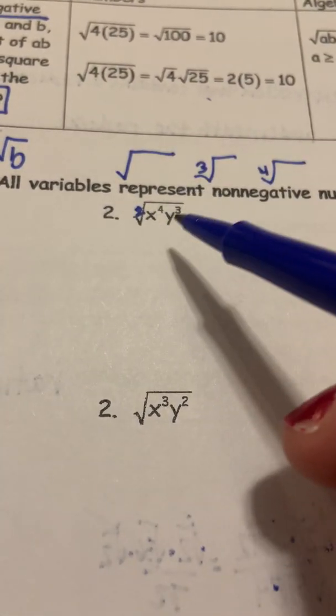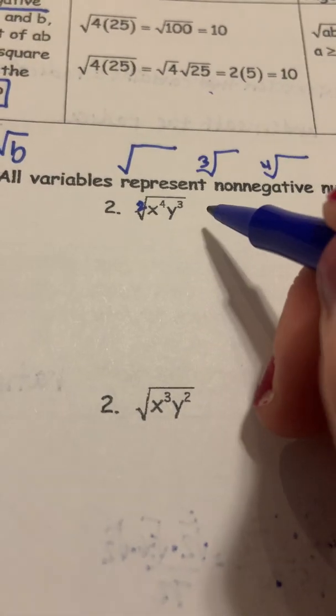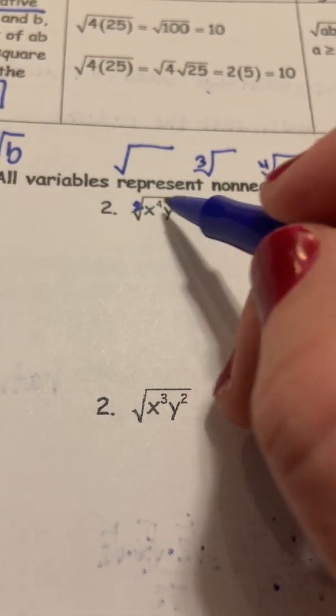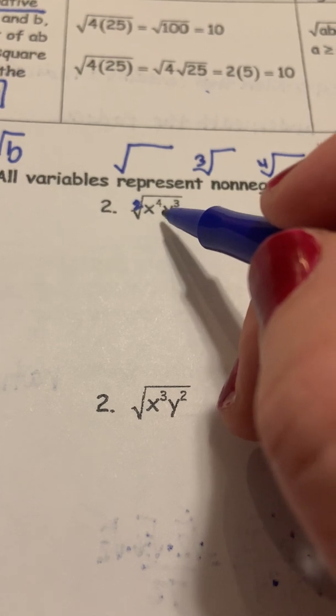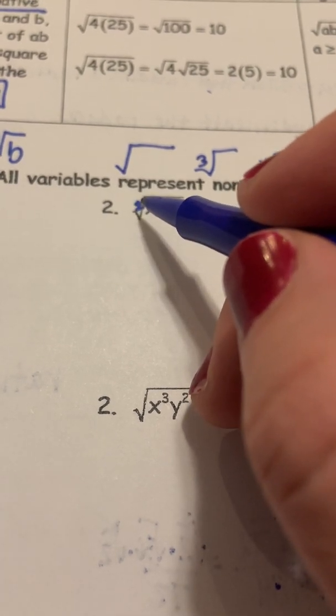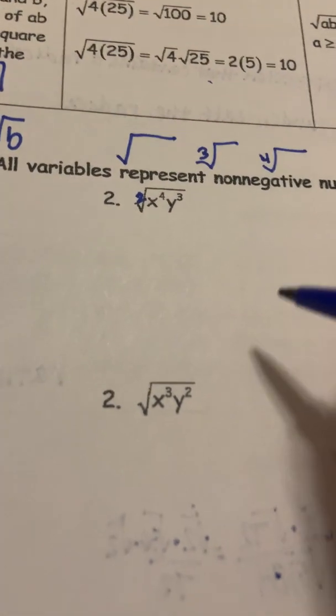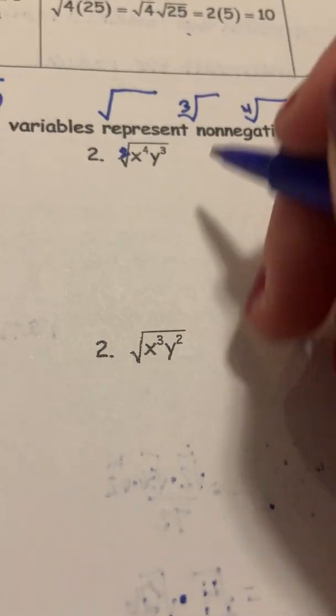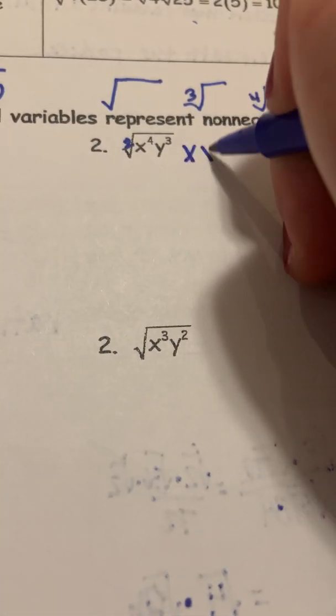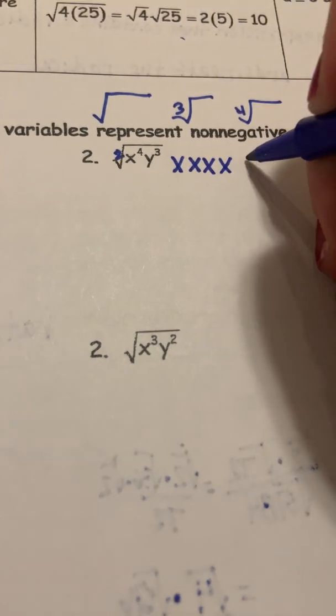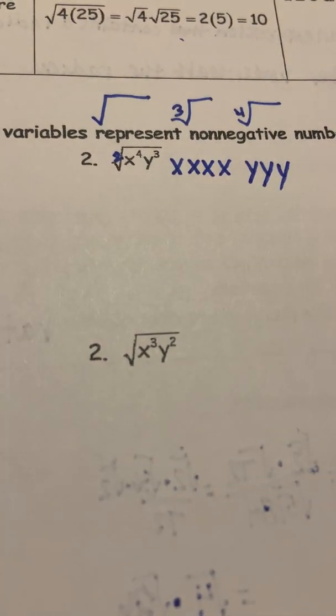In order to represent variables, you're going to match or group up the variable letters into the groups that match the roots. So for this problem, I have 1, 2, 3, 4 x's and 3 y's.